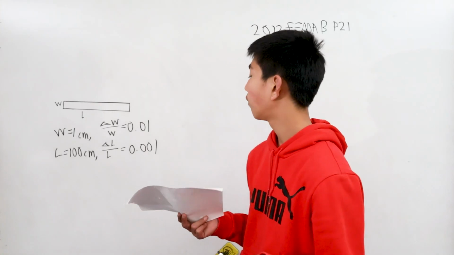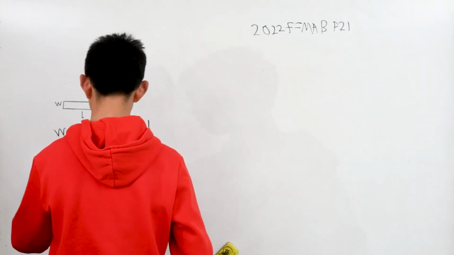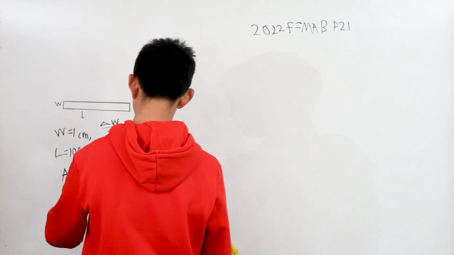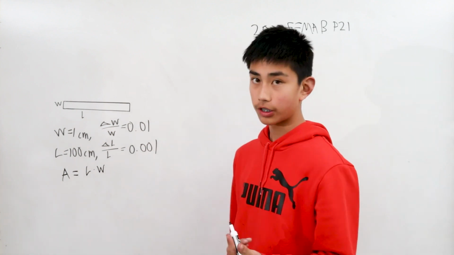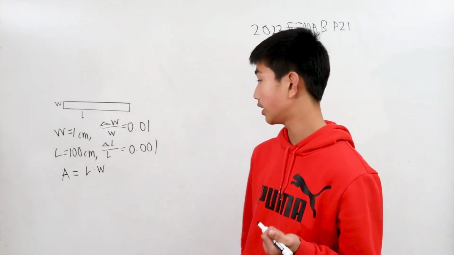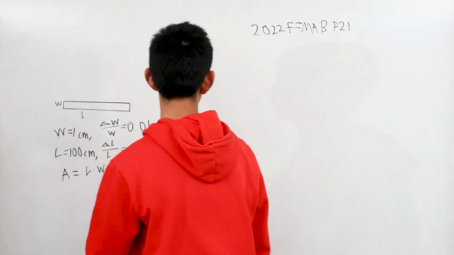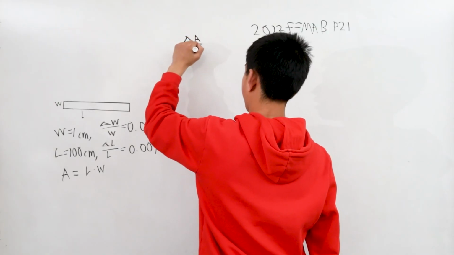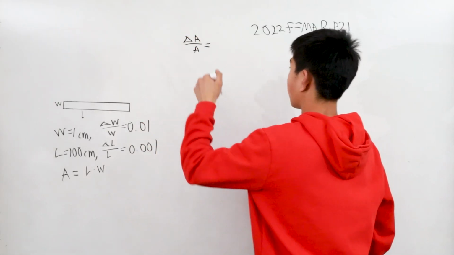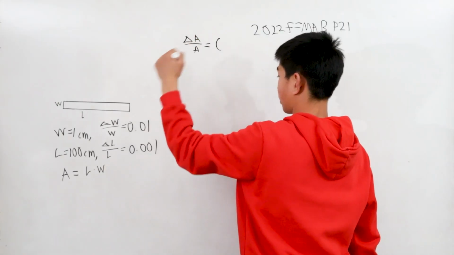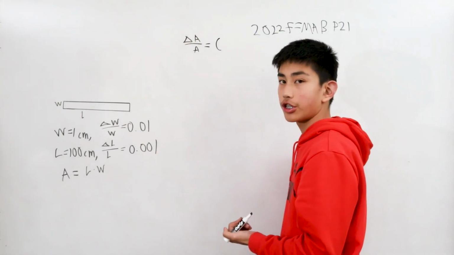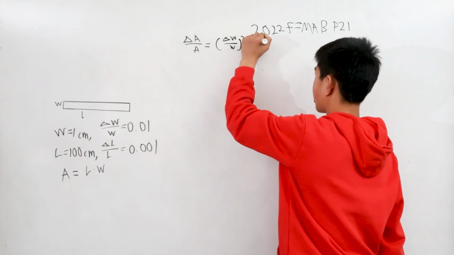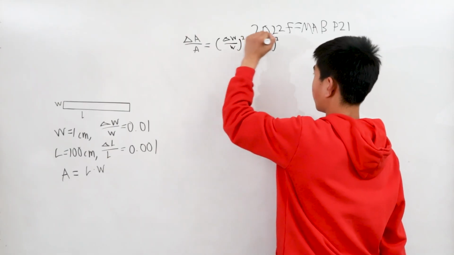The area of a rectangle, here I'll just write this out. Area is equal to length times width. But since you're considering the uncertainty of this, since they're not exact measurements, we can find the change in area over the area, which is equal to the square root of change in width over width squared plus change in length over length squared.